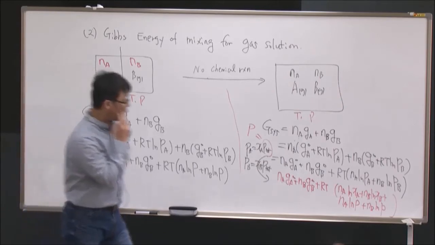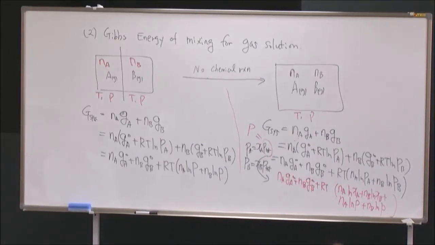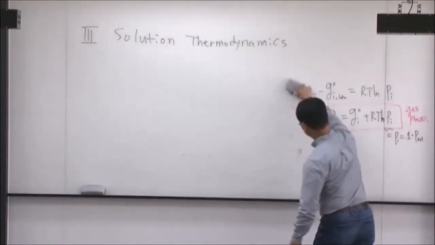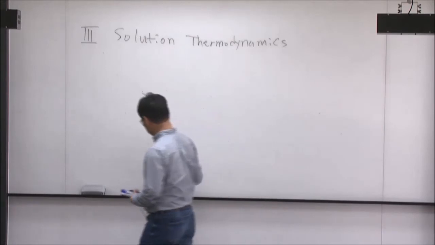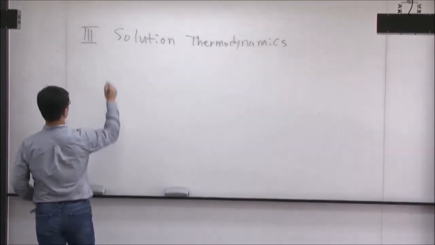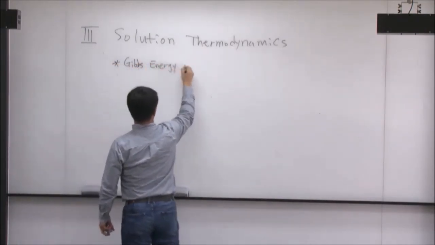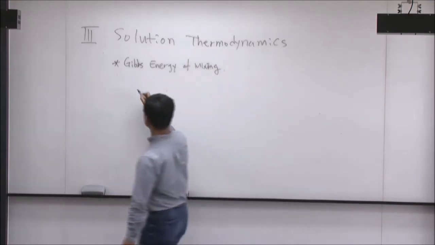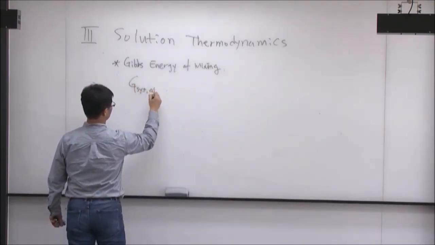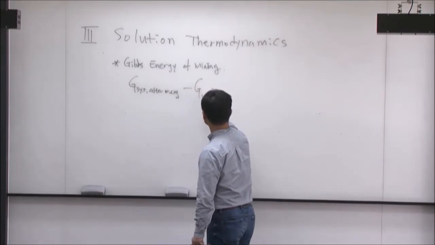Now, if you compare these two Gibbs energies, before and after mixing, the Gibbs energy of mixing means the Gibbs energy of the system after mixing minus the Gibbs energy of the system before mixing.